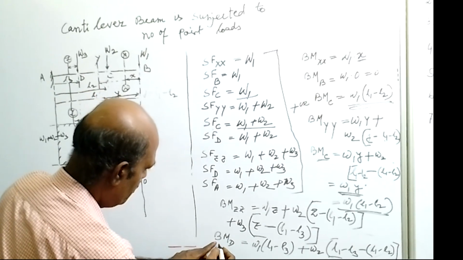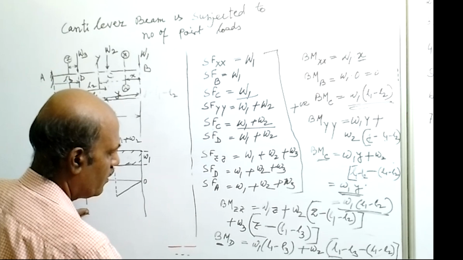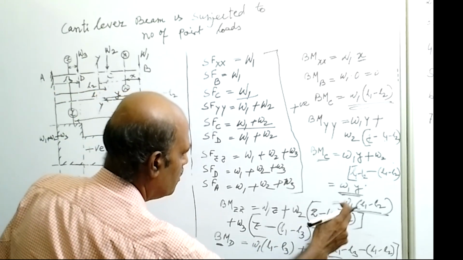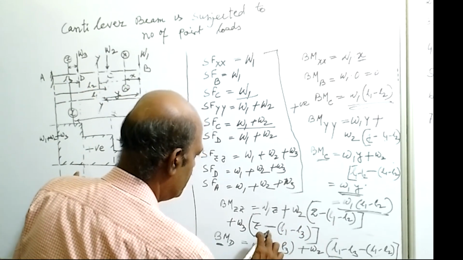Now go to bending moment at D point, so this also will be equal to this value, and these values will be equal because this one will be 0.